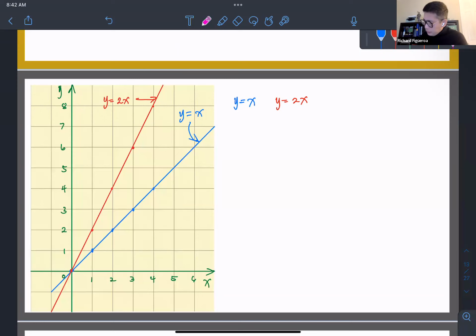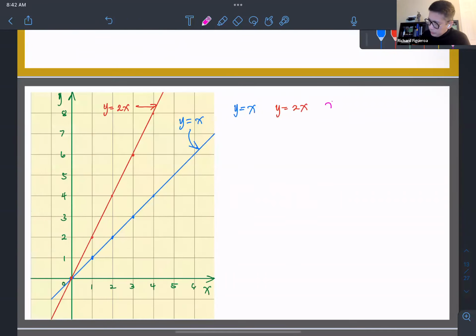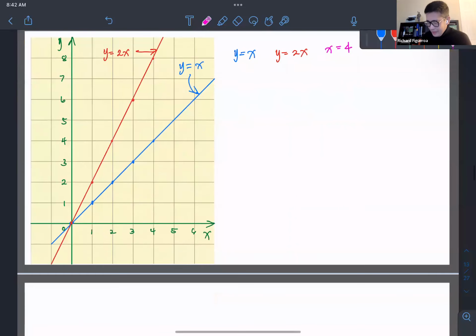Then the last one, we have x is equals to 4. So when we say x is equals to 4, that means regardless of the value of y, x is 4. So when y is 0, x is 4. When y is 1, x is 4.